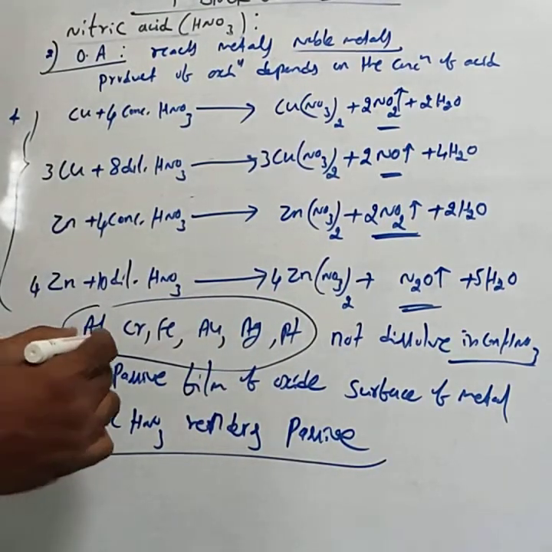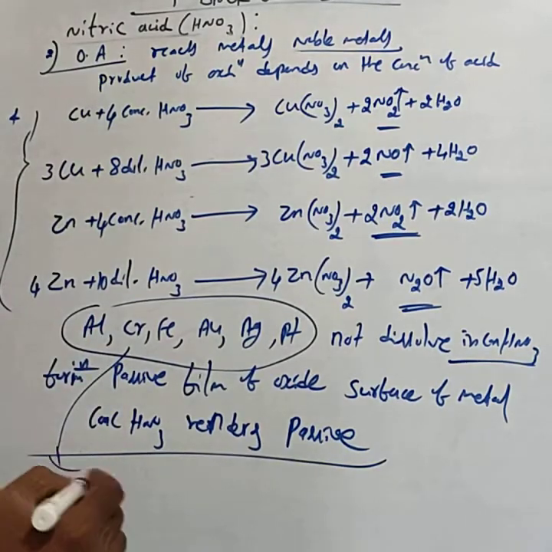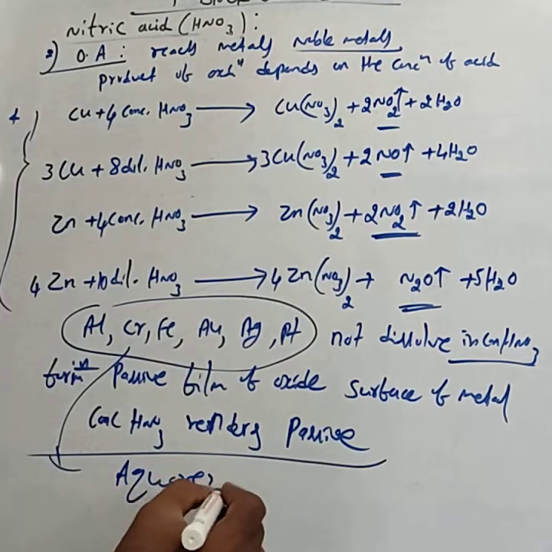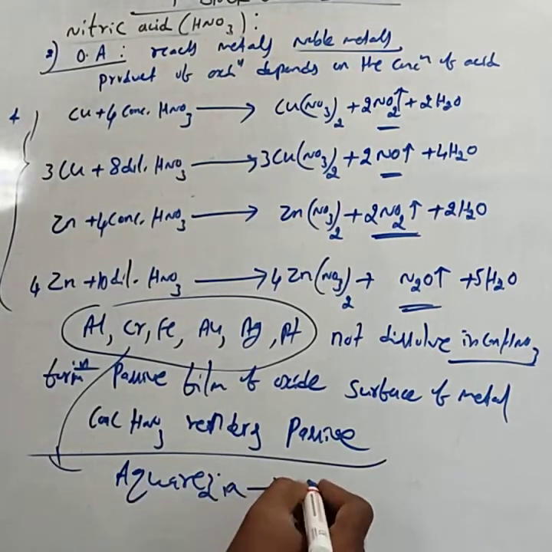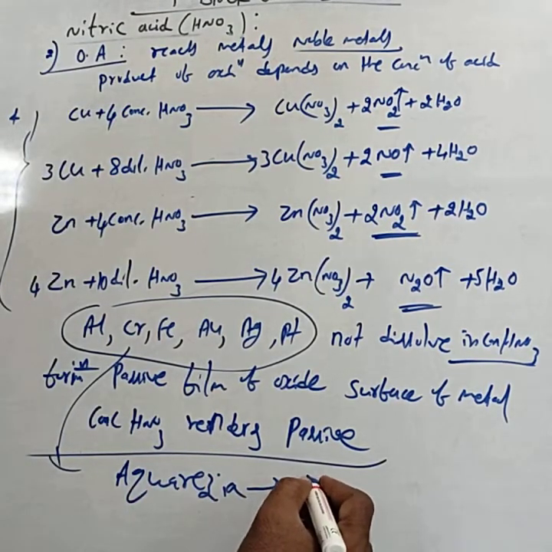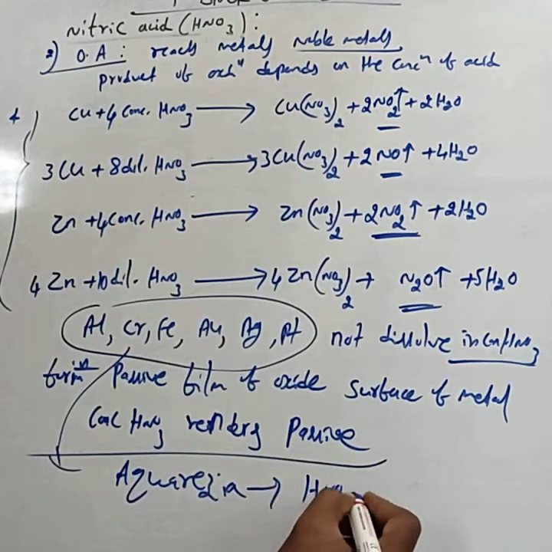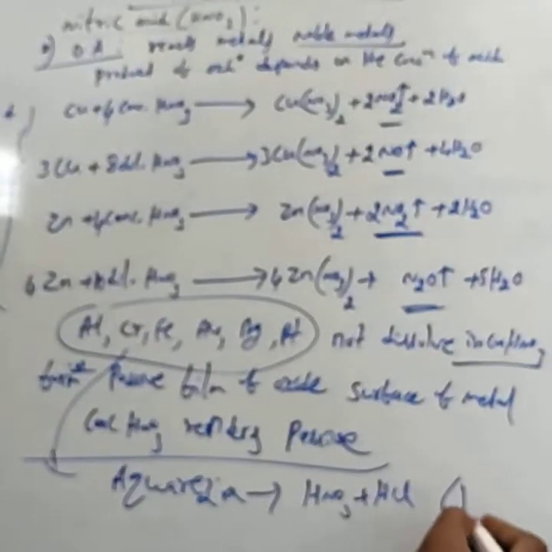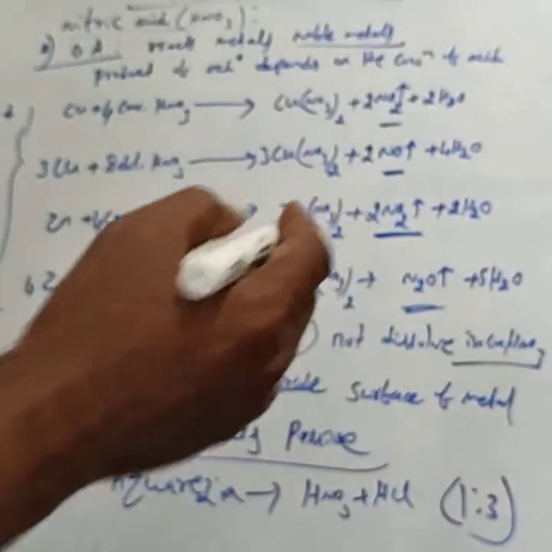Commonly, to dissolve these metals, we use aqua regia. Aqua regia means the mixture of concentrated HNO3 and concentrated HCl in the ratio 1:3.